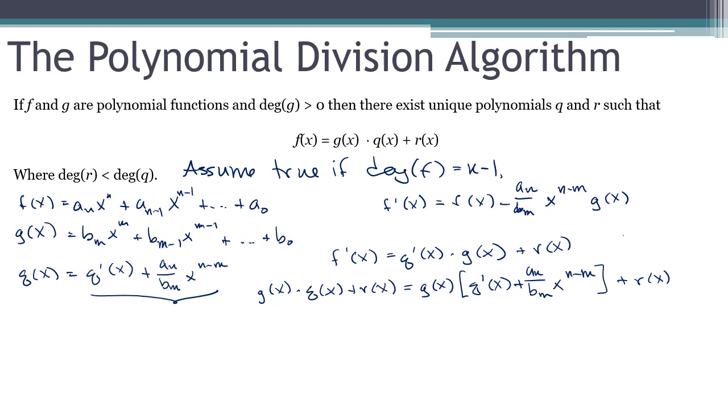Now let's distribute, get rid of the brackets here. This is g of x times q prime of x plus g of x times a sub n over b sub m x to the n minus m plus r. All right, but now wait a minute, look.